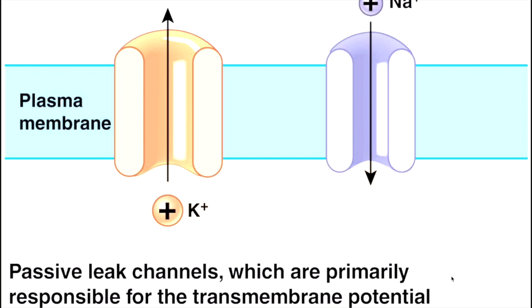Okay. So this shows a channel. And our resting potential is due to these leak channels, which are always open. So here's a potassium and a sodium channel, and a cell normally has more potassium channels.